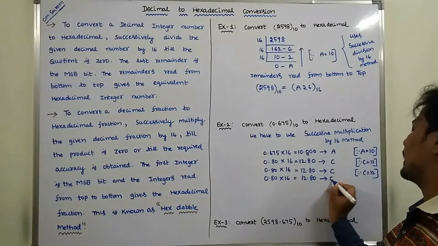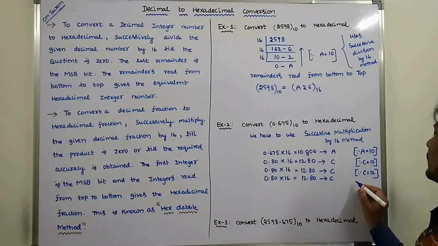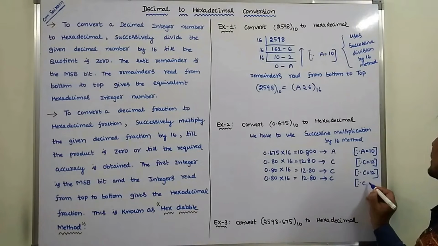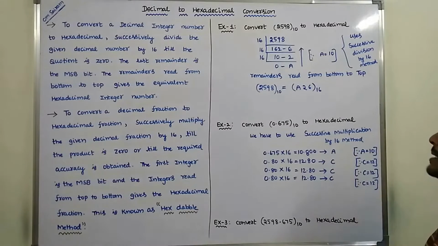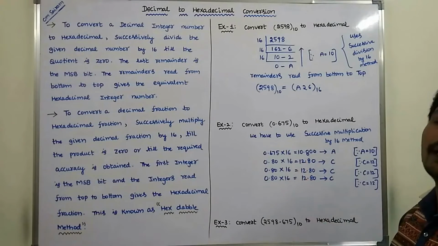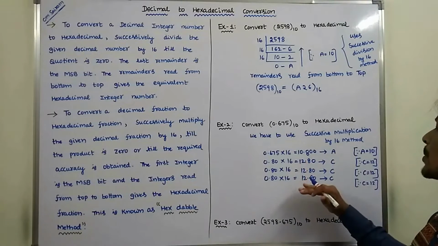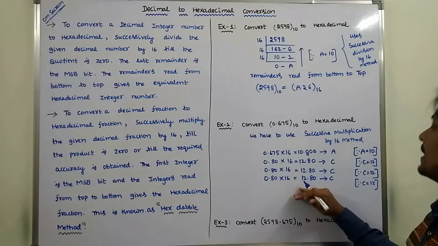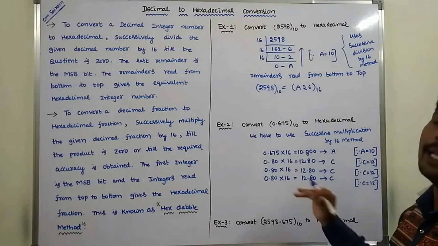The integer part can be separated, and in the hexadecimal system, 12 can be written as capital C. Okay, so here the same value is repeated. Now we have to stop the procedure of multiplying the fraction part by 16.